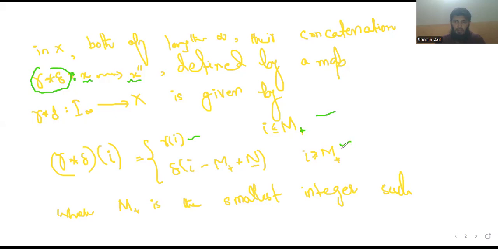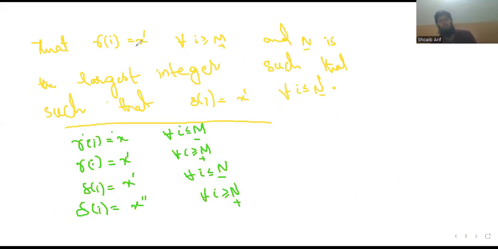If i is greater than or equal to m plus, we lie in sigma. Here m plus is the smallest integer such that gamma of i equals x prime for all i greater than or equal to m plus, and n minus is the largest integer such that sigma of i equals x prime for all i less than or equal to n minus.